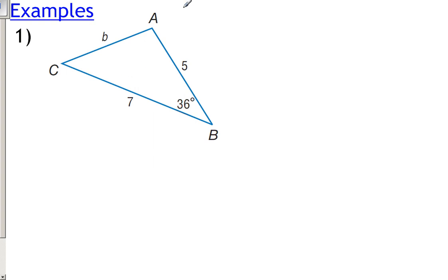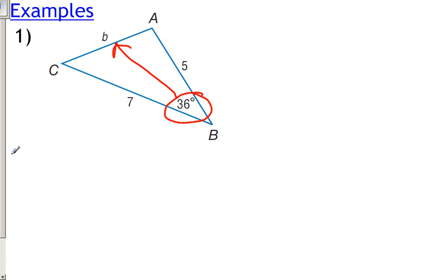So we have to jump to law of cosines here. A good idea of what to do first: always identify the angle you're working with first when you're doing law of cosines. There's the angle you're working with, and there's the side across from the angle you're working with.